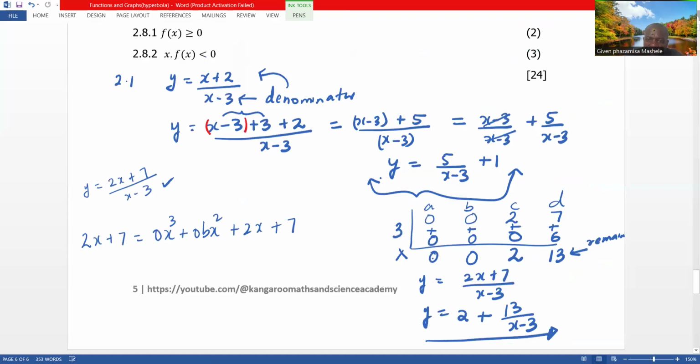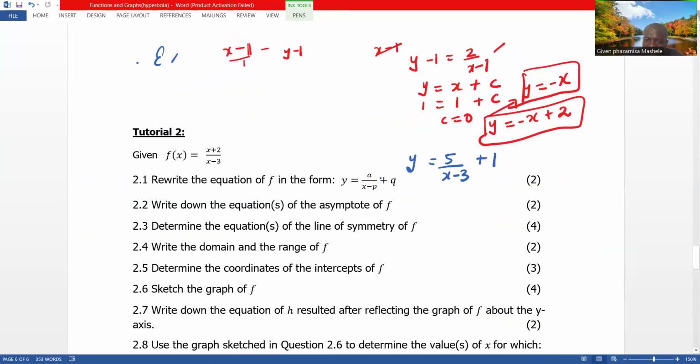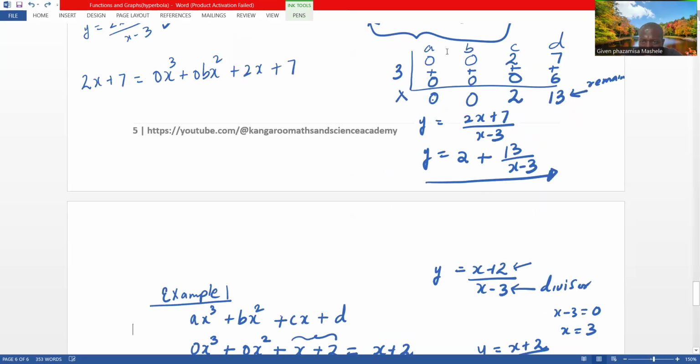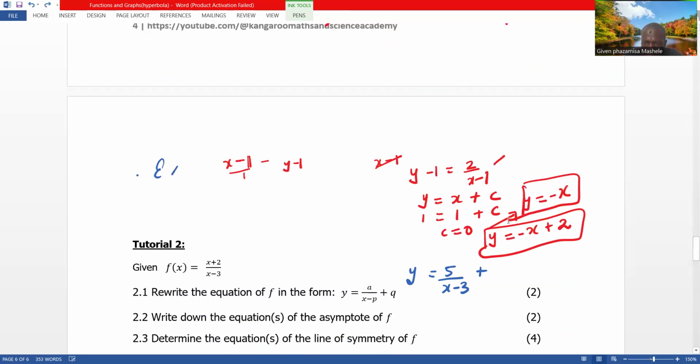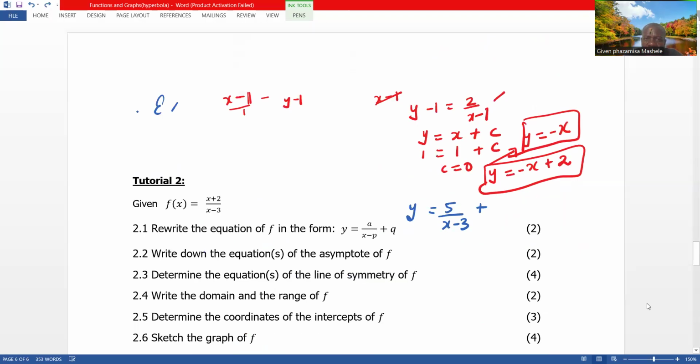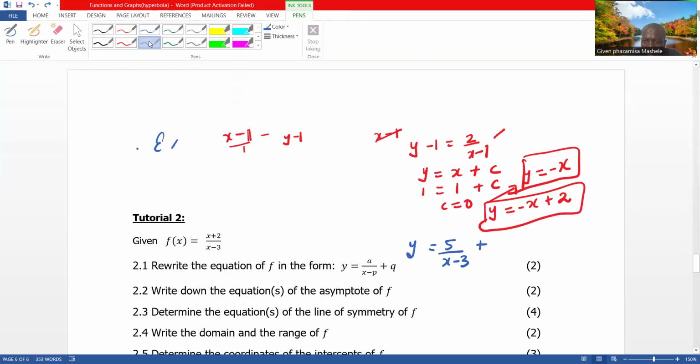Then you can answer the questions that follow. Okay, something's wrong. So plus 1. Then already by getting this, you can answer the questions that follow. So it's this plus 1.